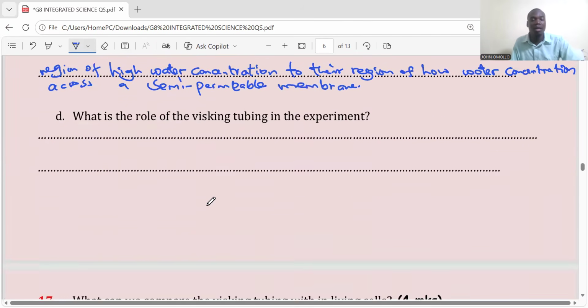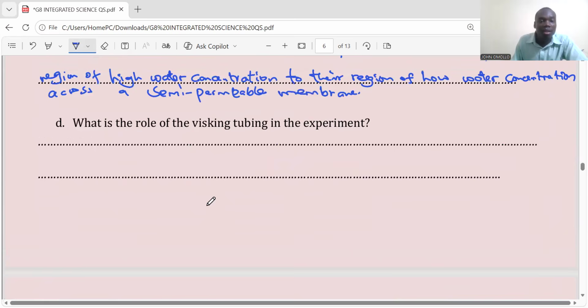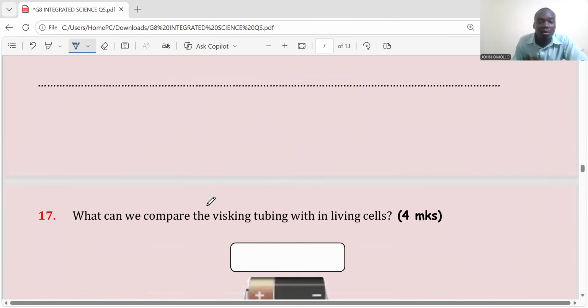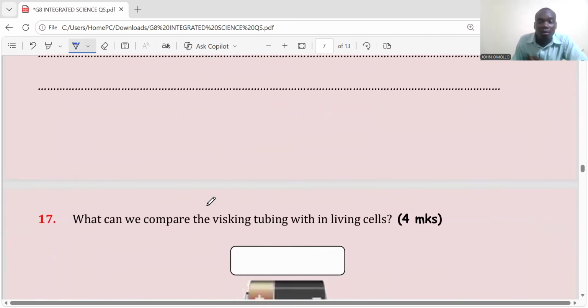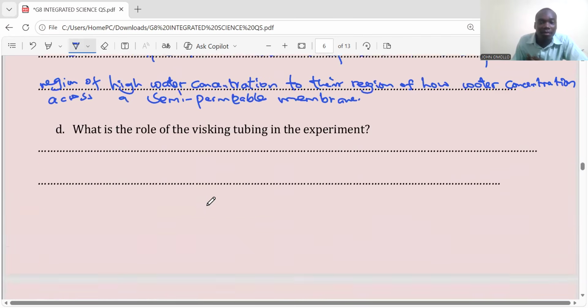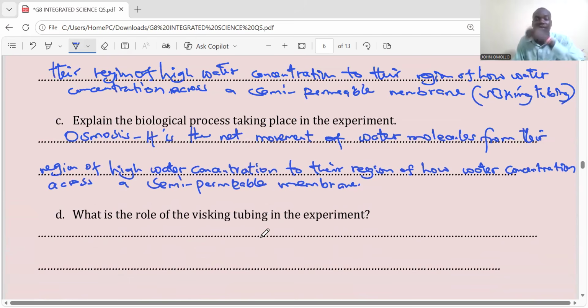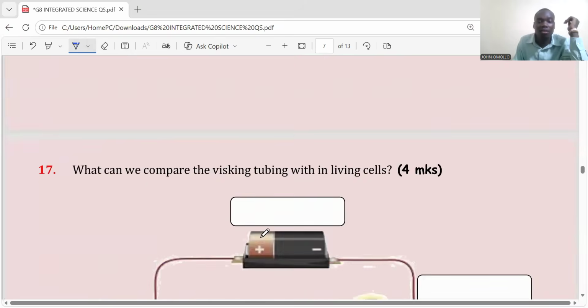The last question under the experiment. What is the role of visking tubing in the experiment?